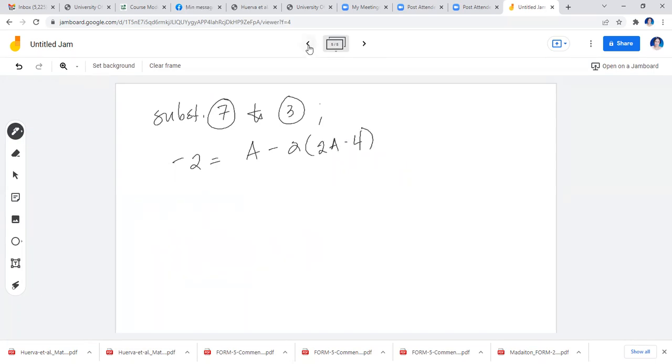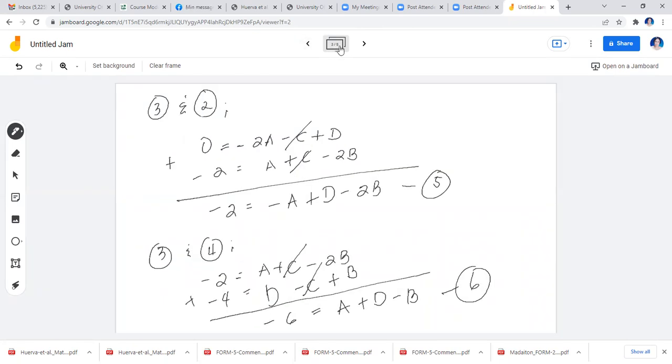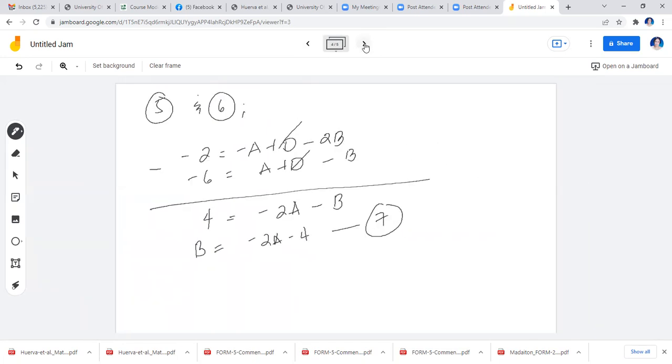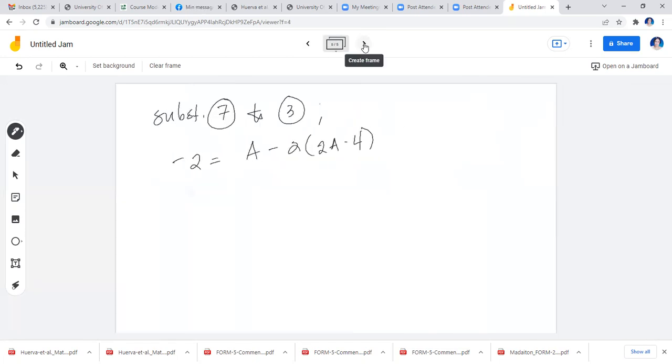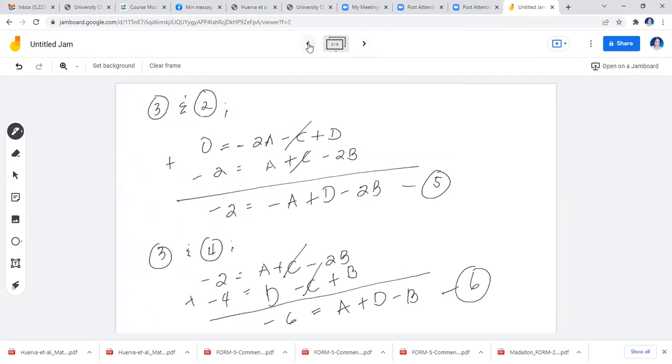Let me check if it's all positive. Minus 2a minus 4. That's for the b being replaced there in terms of a.